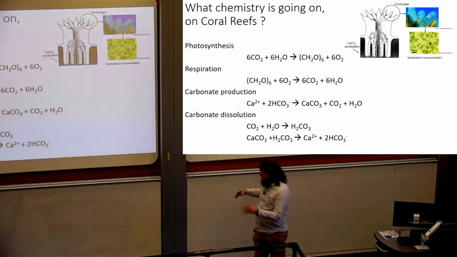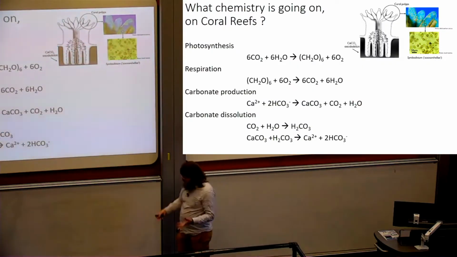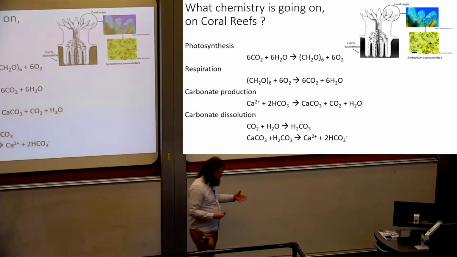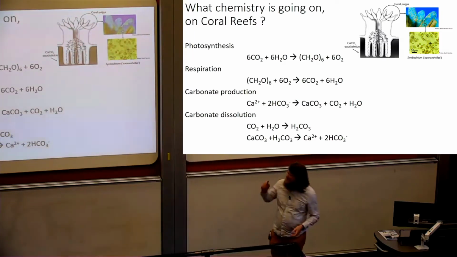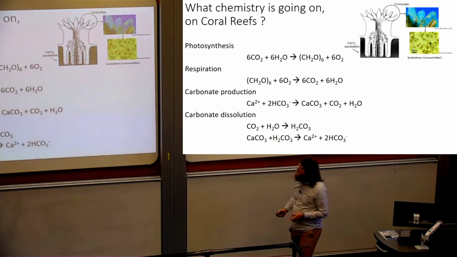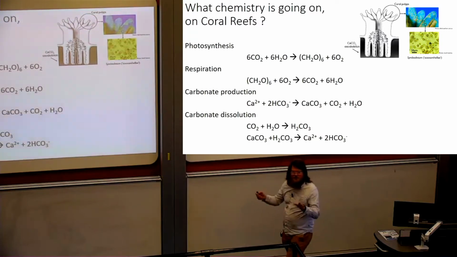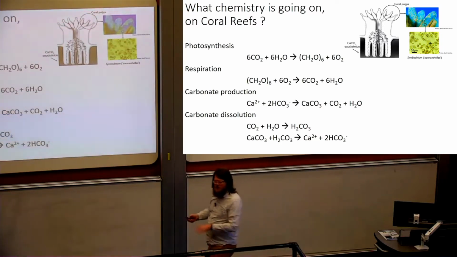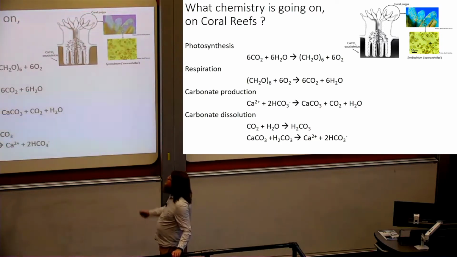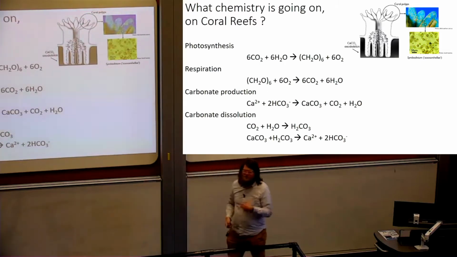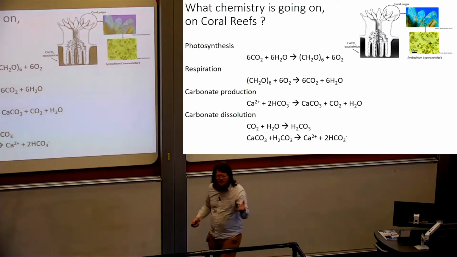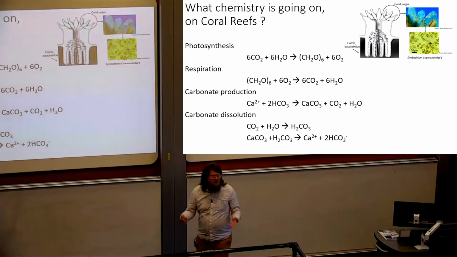So what we're going to do is look at what the effects of these processes are on the chemistry of the water. Now I will put a little caveat in here: this first one is not the reaction for photosynthesis. If you're revising for biology highers or A-levels, look away now. These are not true chemical reactions, they are summaries of the process.